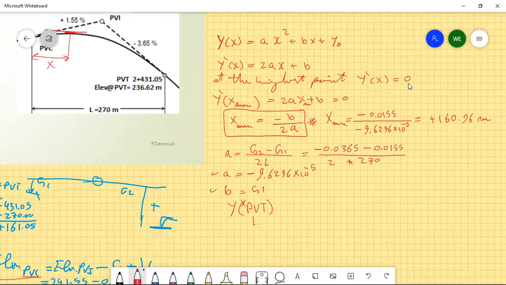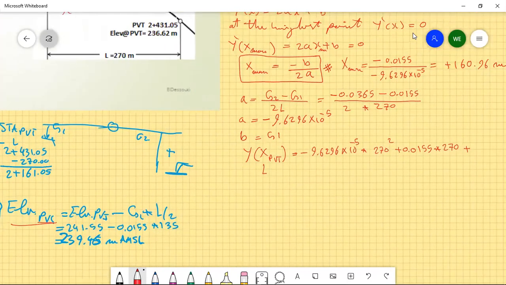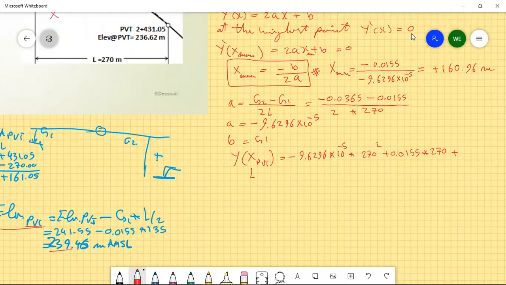So x for the BVT is basically L. We are going to do minus 9.6296 multiplied by 10 to the power minus 5 multiplied by 270 squared, plus 0.0155 multiplied by 270, plus y naught, which is basically the elevation of the BVC, 239.46. Let's see how much this is going to be.